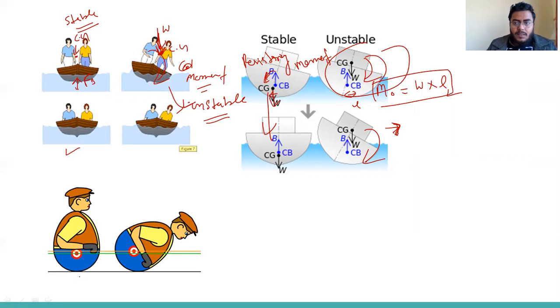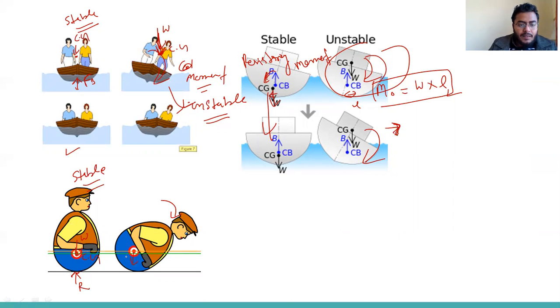In the case of a toy, see here the point of contact, and here the center of gravity of this toy. So what is happening? The center of gravity is lying here, and the weight will act here. This weight will coincide with the reaction, so in this case it will be stable. When you shift it with a finger like this, what will happen?